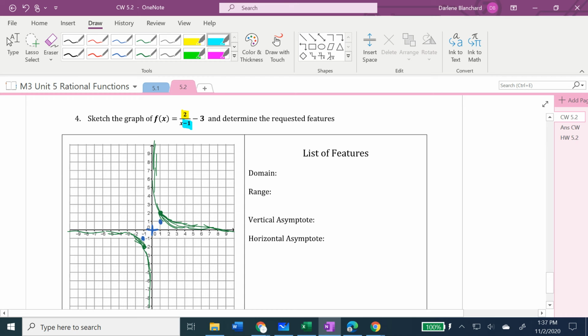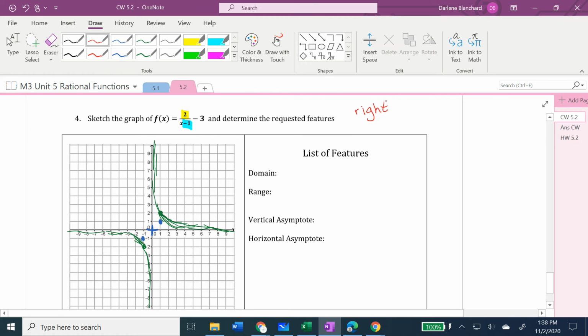I just highlighted that -1. What does that tell me to do to the graph? The -1 with the x. And be careful, remember that x always does the opposite of what you expect. And I still mess that up sometimes.